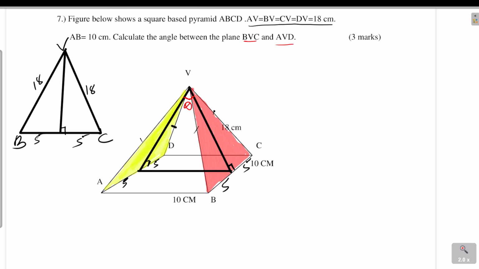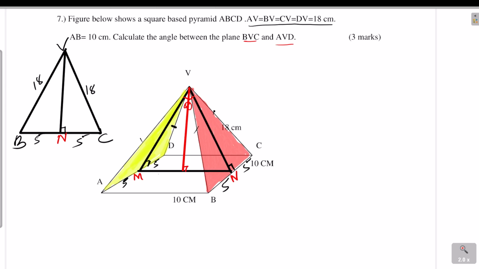So I want to calculate the length of this height. I can name this length here to be, let's say, N. I want to get the height VN, and when I get that height, it will assist me. I can name this one to be M, because I will have to extract this triangle. I'll use this VMN. That is what I'm going to use. And since I have this length here, this length is 10, I can also drop a vertical height there, such that this will be 90.